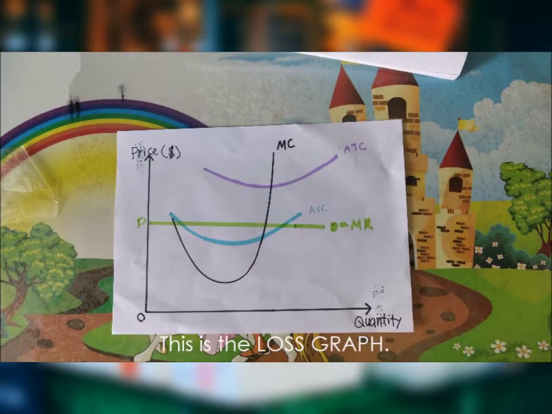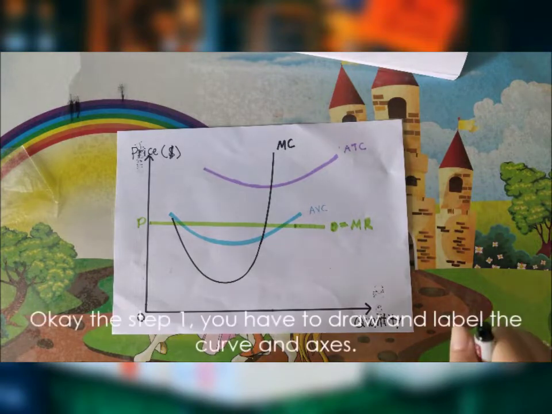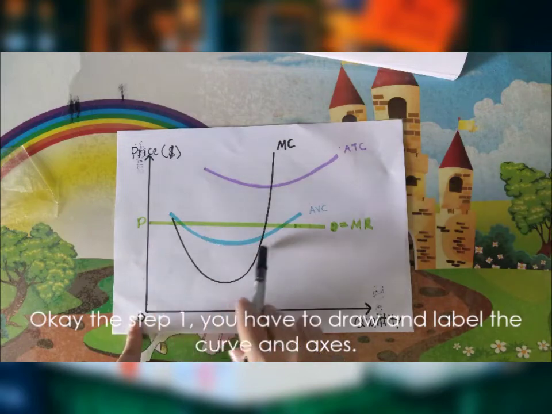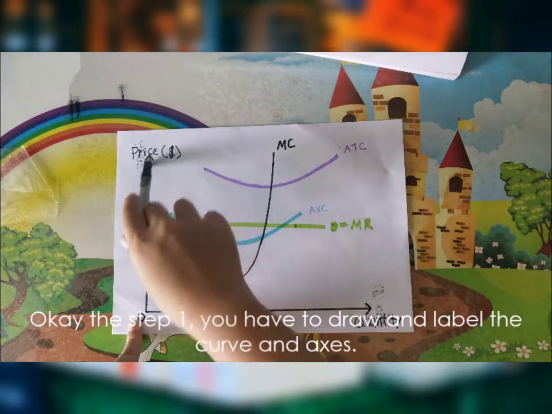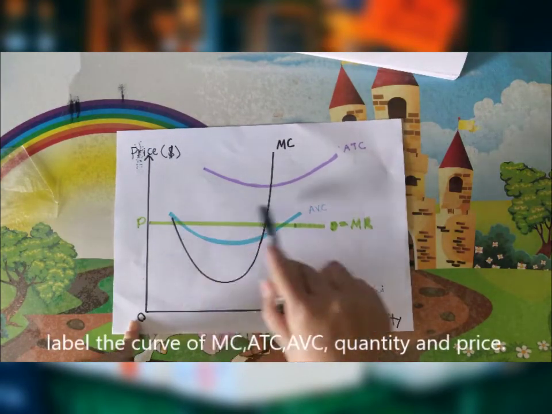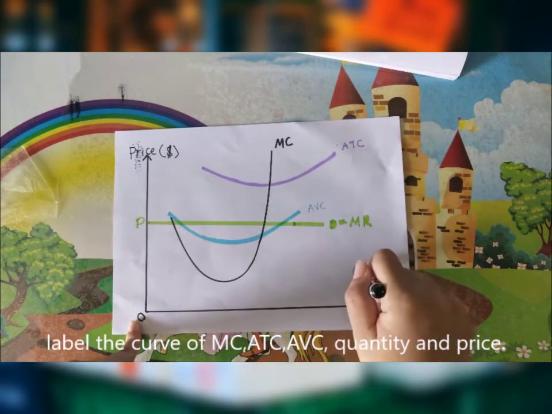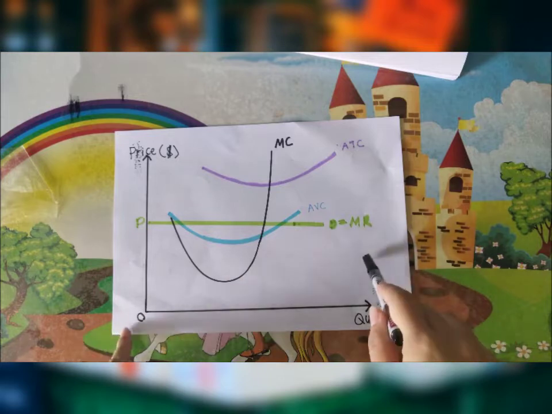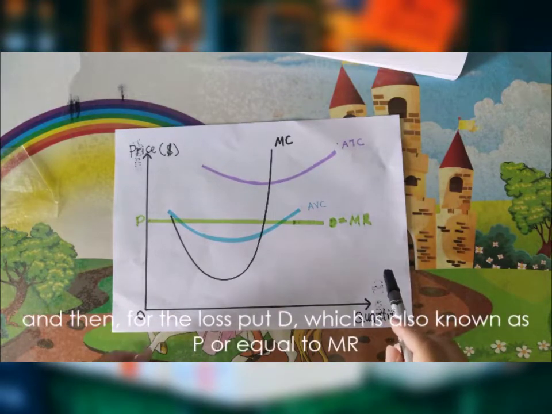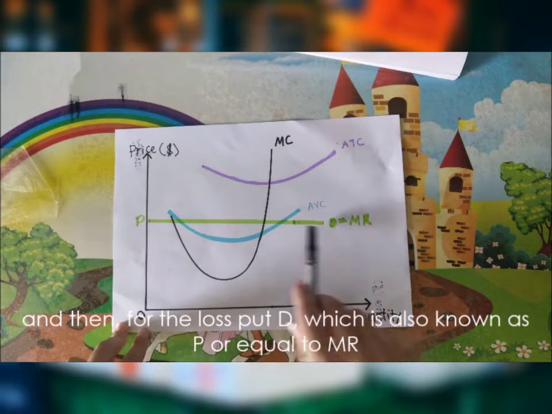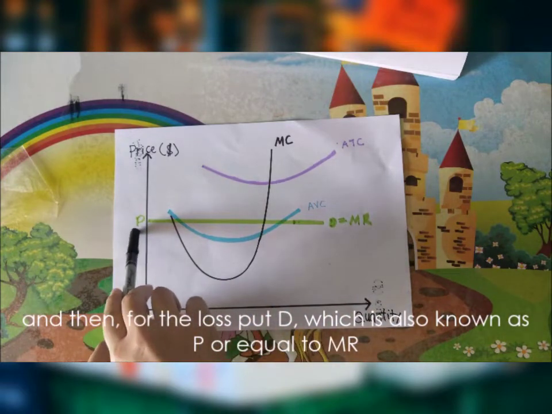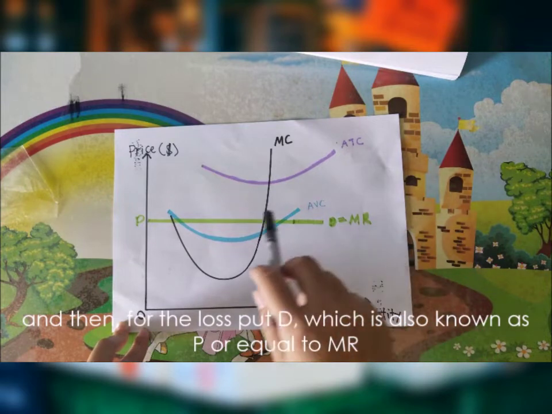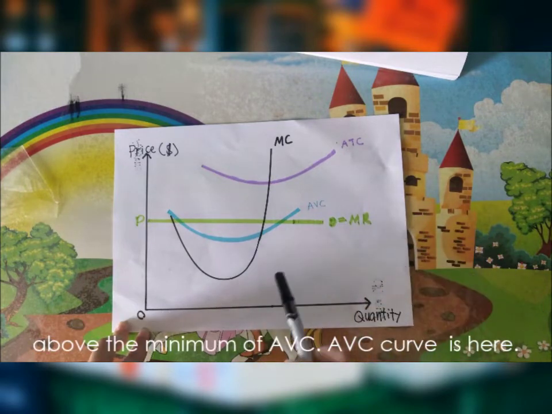This is the loss graph. Okay, step 1, you have to draw and label the curves and axes, this axis and these curves. You have to label each of them, and then for a loss, put D, which is also known as P or MR, above the minimum of AVC.